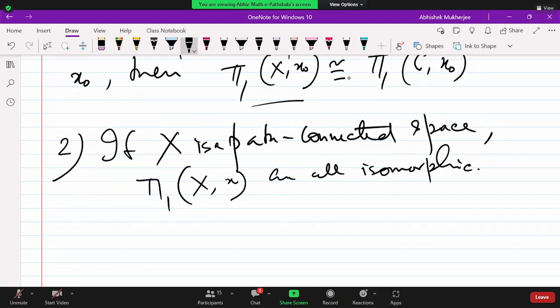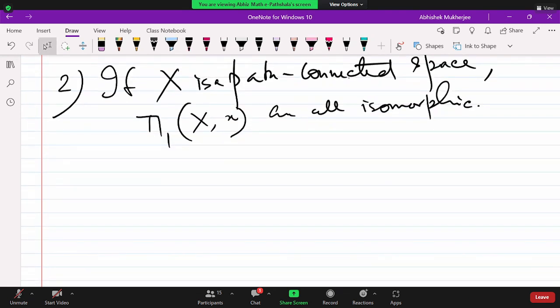Now one will see that the groups are isomorphic, so we have done, right? But there is a very delicate thing that is happening here. So if you look at the loops at x naught and the loops at x1, there is no natural way to identify the fundamental group of X based at x naught and the fundamental group of X based at x1.